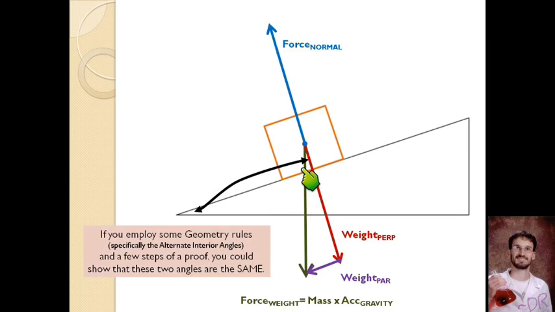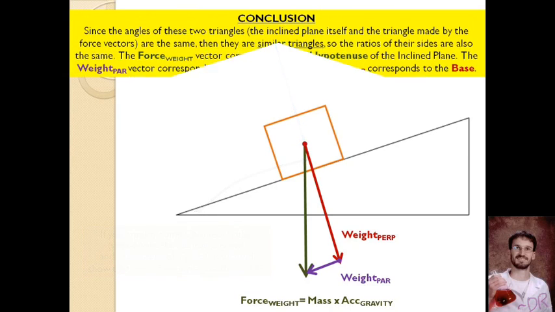So if this angle is the same, and this angle is 90 degrees, and this angle is the same, and this angle is 90 degrees, that means that the third angle must be identical as well. That makes these two triangles have a very special relationship with each other. They are similar triangles, which means the ratios of their sides are going to be identical because all of their angles are the same.